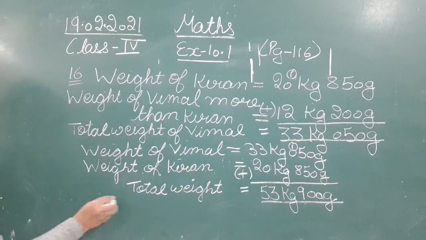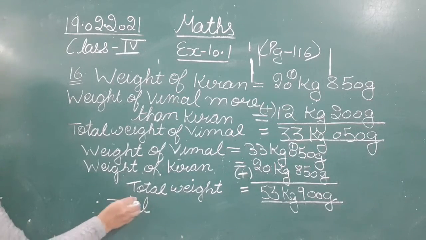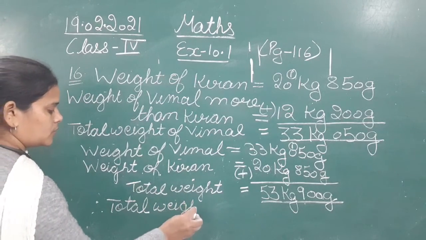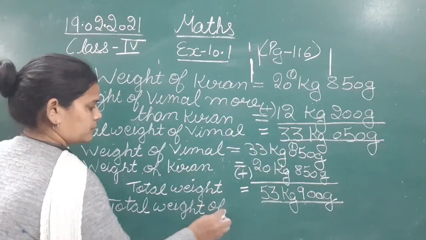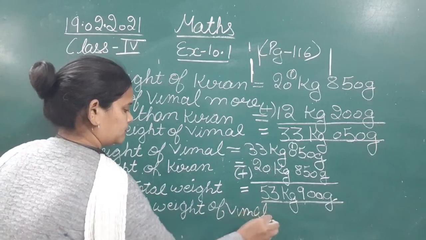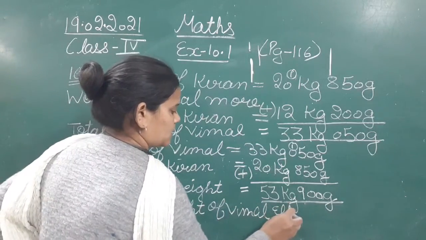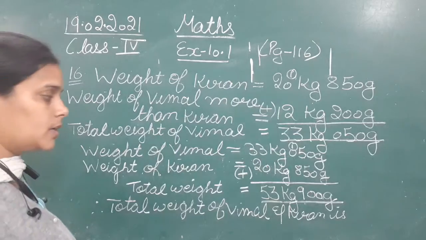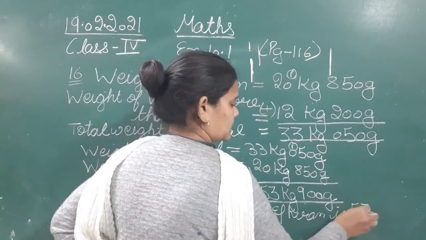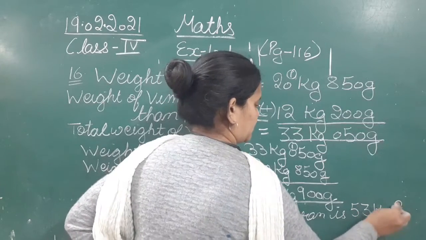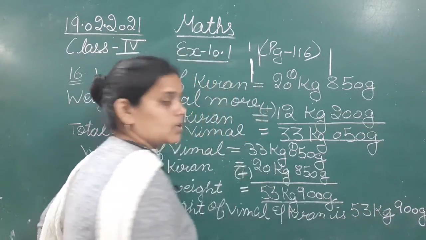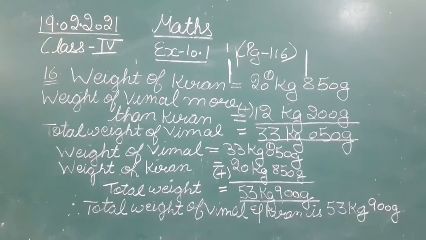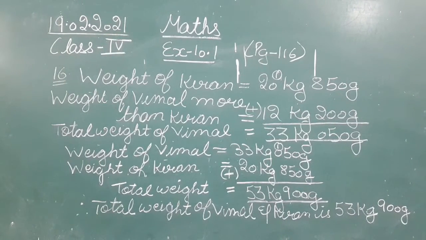Therefore, the total weight of Vimal and Kiran is 53 kg 900 grams.